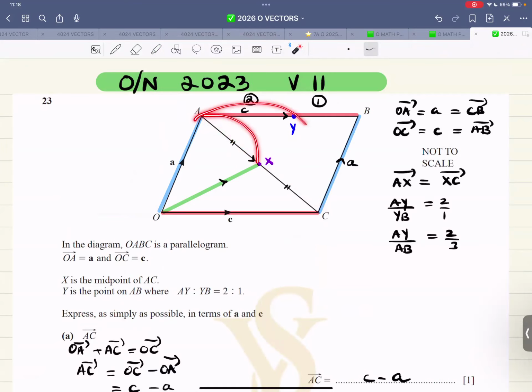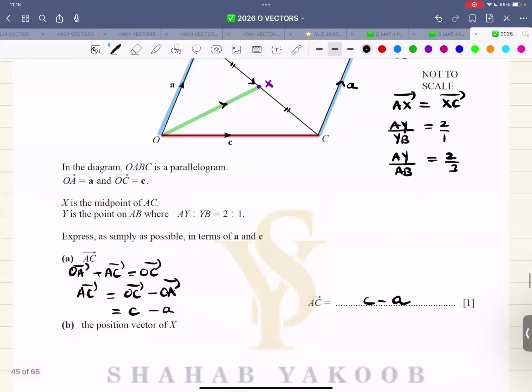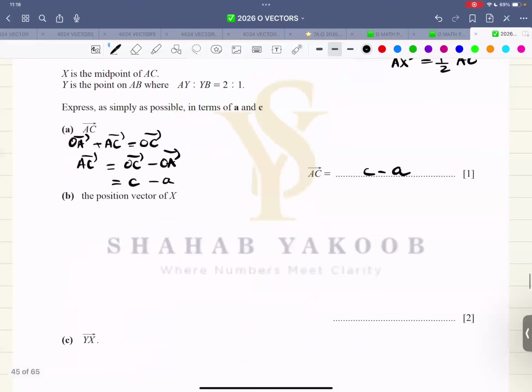AX is half of AC based upon the midpoint concept. AC is C minus A. So first of all, AX is half of C minus A, that is half C minus half A. That's the first thing. It's a two-step thing.